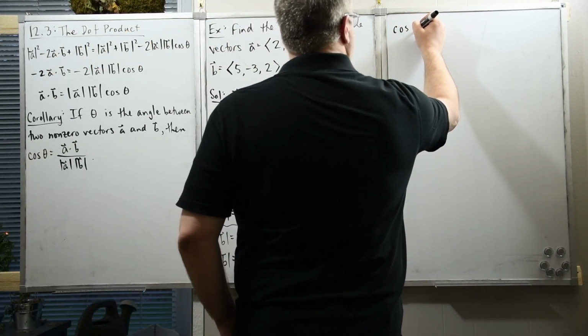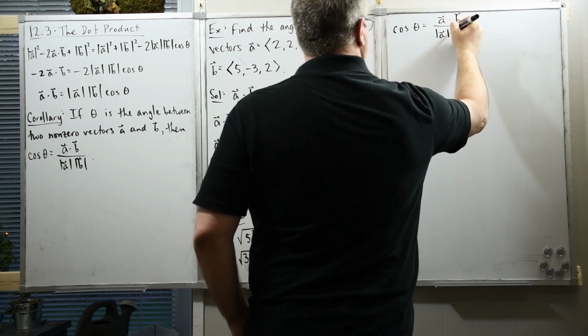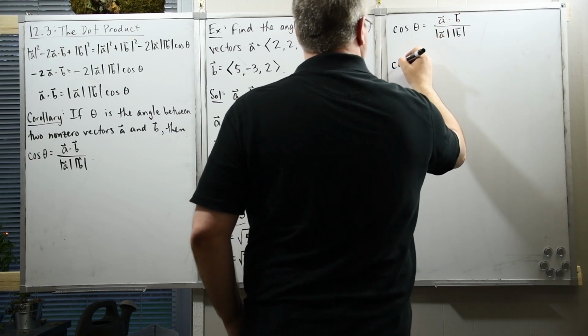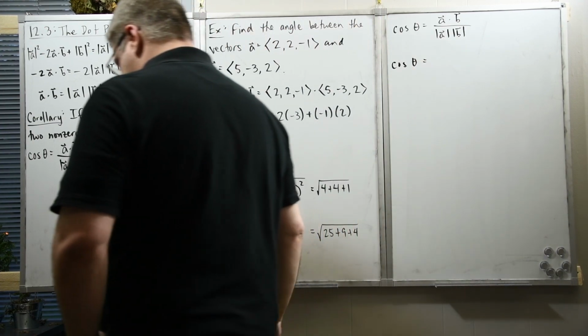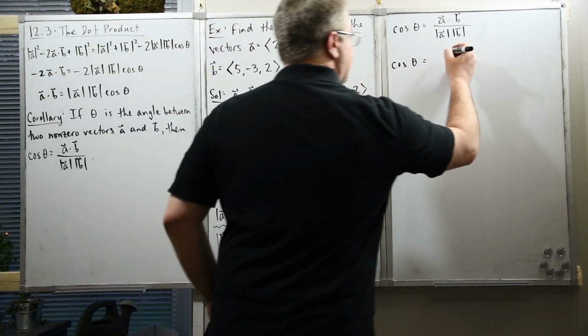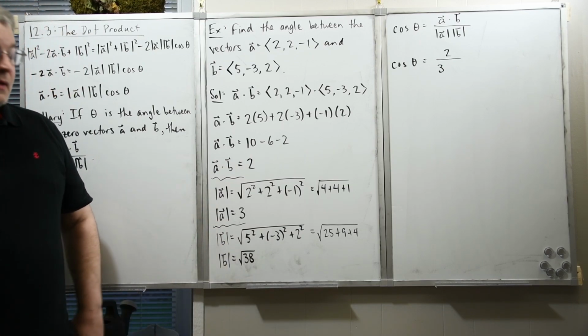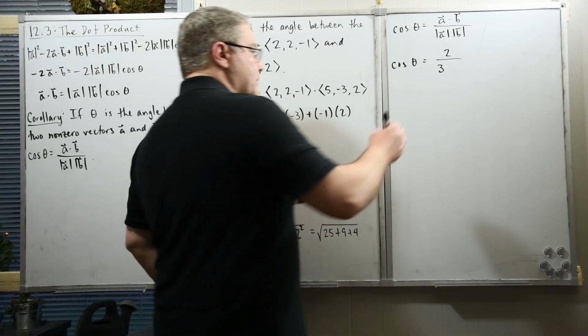So once again, cosine theta equals A dot B over the magnitude of A times the magnitude of B. That's the same formula we saw here in the corollary. But now we know that A dot B is equal to 2, the magnitude of A is 3, and the magnitude of B is the square root of 38.